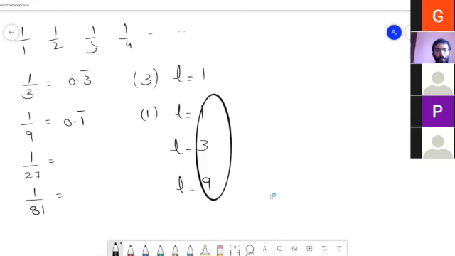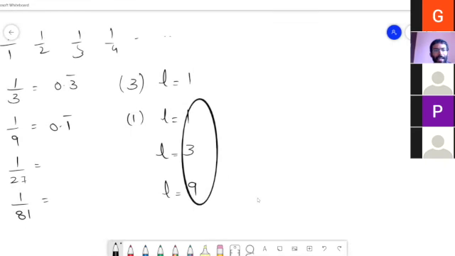Gauri ma'am also observed this for 11. That's 1 by 11. So 1 by 11 is 0.0909, so 09 repeating. Here the length of the repeating block is 2.